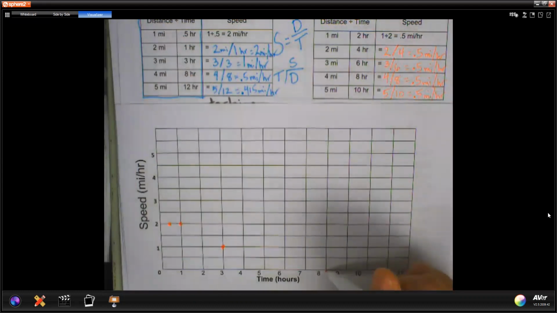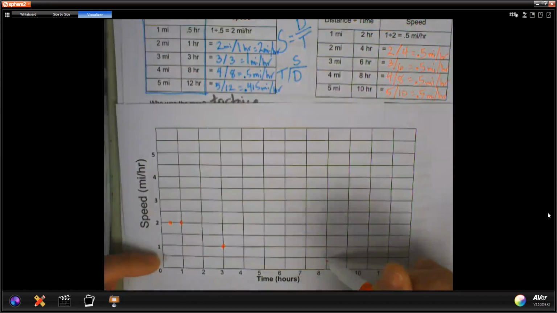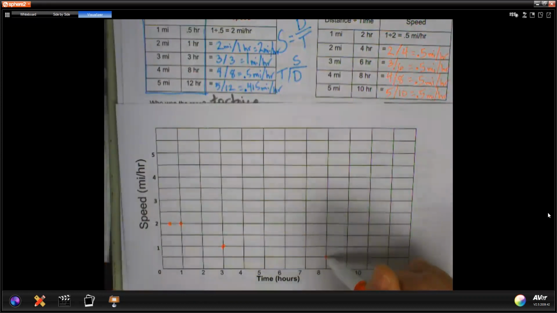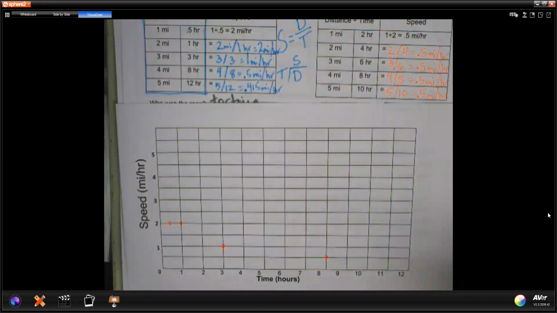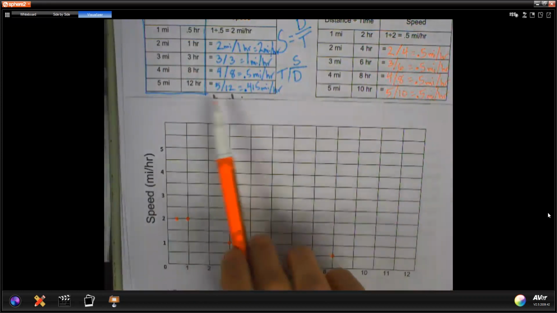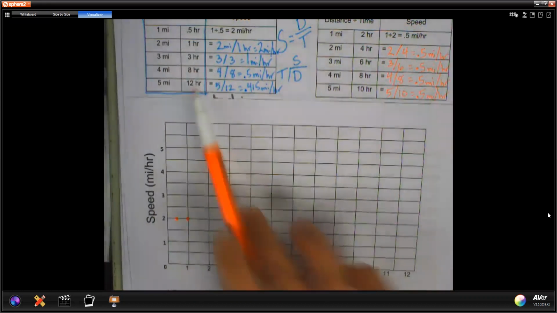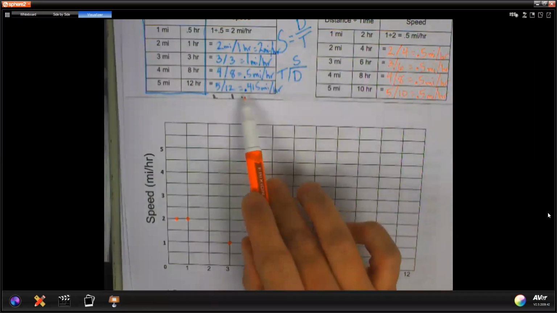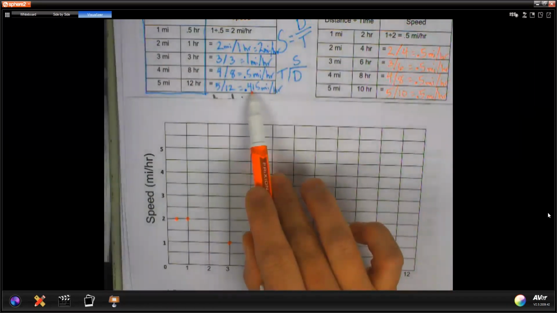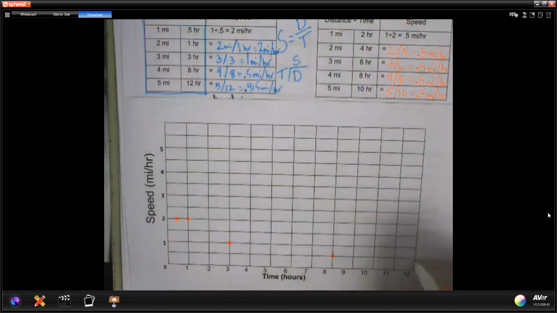So right here, we have 8 hours. 0.5 is actually already a line for us, so we can draw our dot right here, plot our next point. And then our last one at 12 hours was actually going 0.42 miles per hour. So this one we actually need to go right below that halfway mark.